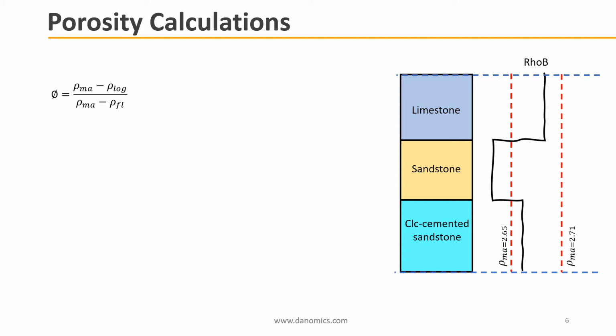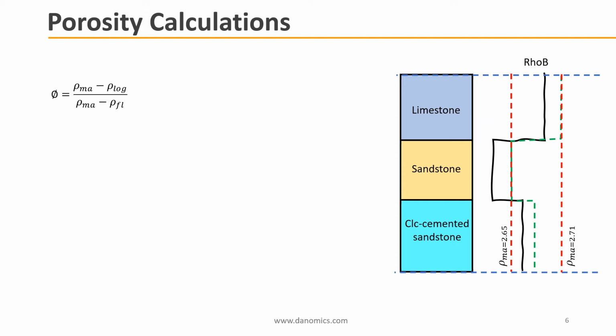Well, what we would really like to do is have our rho matrix vary according to the lithology. So when we're in our limestone, we'd like to use a rho matrix of 2.71. When we're in the sandstone, we'd like to use a 2.65. And when we're in this calcite cemented sandstone, we'd like to use something that lies in between.